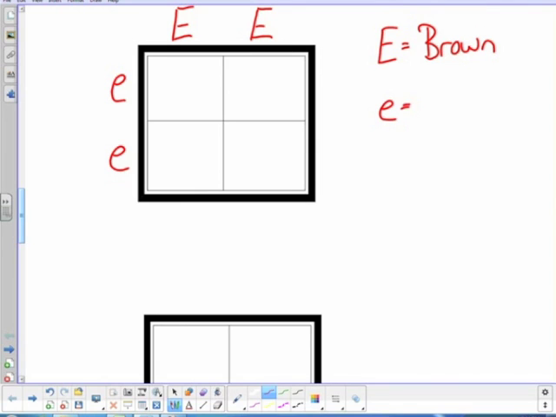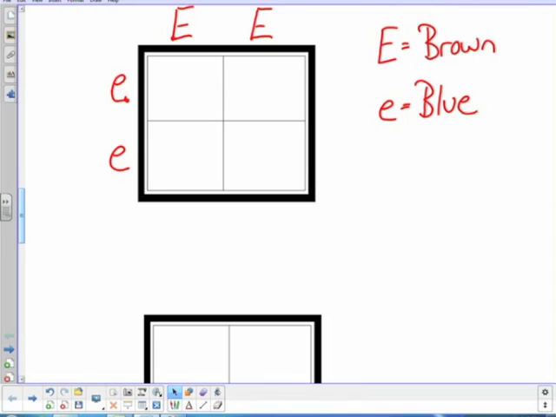A recessive eye color is blue. Again, we're using the same letters. They're all E's. We're going to use the same letter because it's the same trait that we're looking at. We're looking at eye color, so we have to use the same letter. It just depends upon if it's a capital E, which is dominant. Capital E is dominant. Lowercase e is recessive.